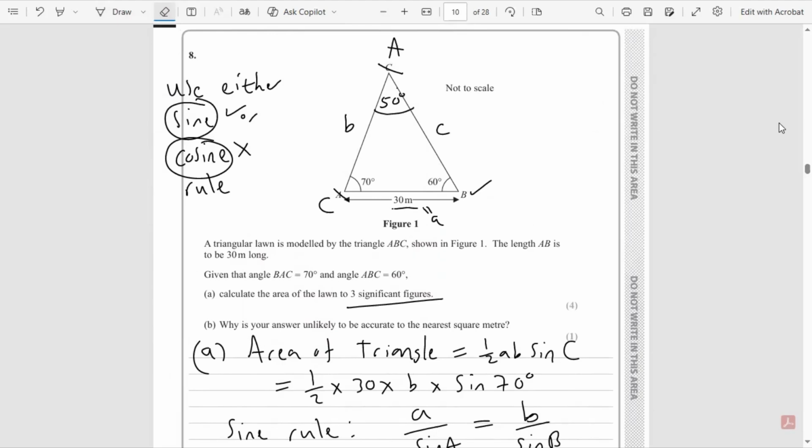Now, that may mean that in reality, the angles may not be 70 degrees and 60 degrees or 30 meters, that length at the bottom, to 4 or 5 or 6 sig figs. So if we're looking for an answer accurate to 3 sig figs, in this model, we would really need to know the values of 70, 60, and 30 to 4 or more sig figs to guarantee an answer accurate to 3 significant figures.